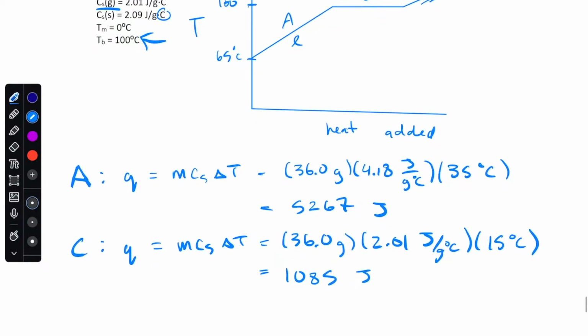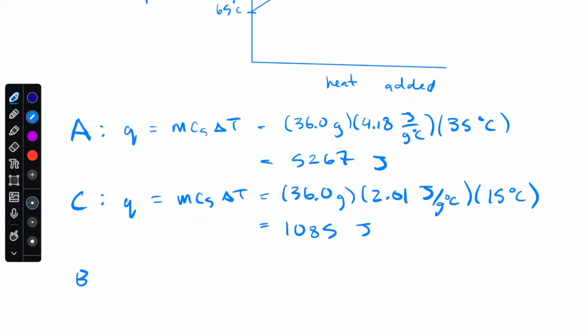Now B is actually the phase change part. The temperature is constant at 100, and that's where we're going from liquid water and we're converting it to gas phase water. And once the last drop is converted to a gas, at that point it starts to warm up again and the temperature increases.